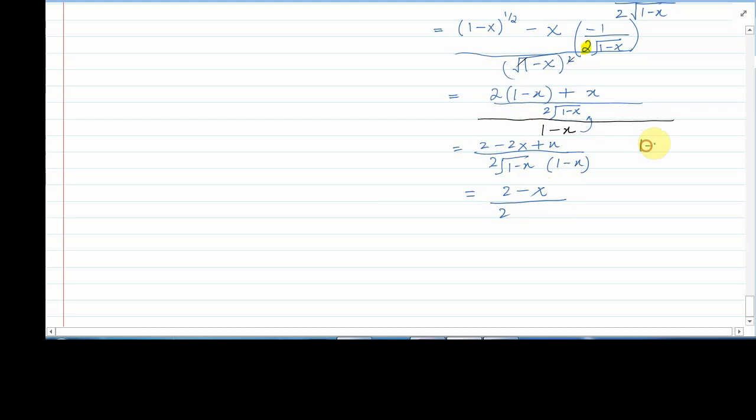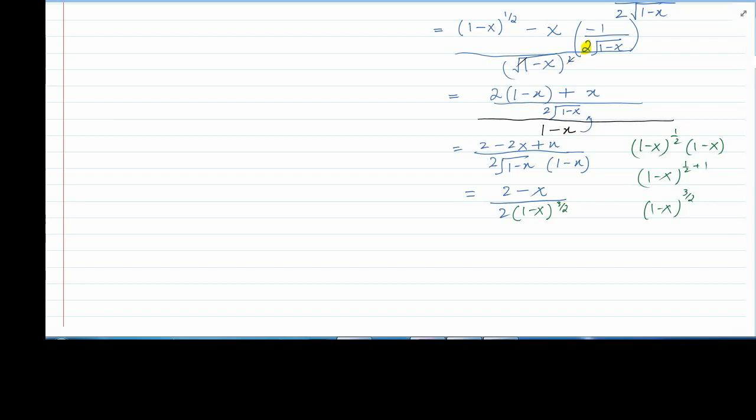So (1 minus x) power 1 upon 2 multiplies with (1 minus x). Bases are same. We can add the powers. So it will be (1 minus x) power 1 upon 2 plus 1, which means (1 minus x) power 3 divided by 2. So I can write it (1 minus x) with the power of 3 divided by 2. Alright, so that is your second part answer.